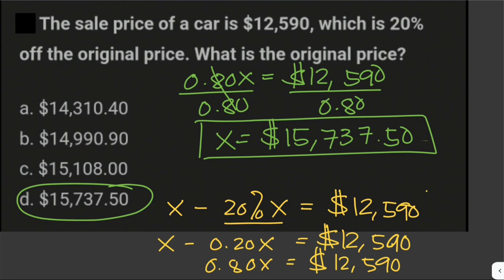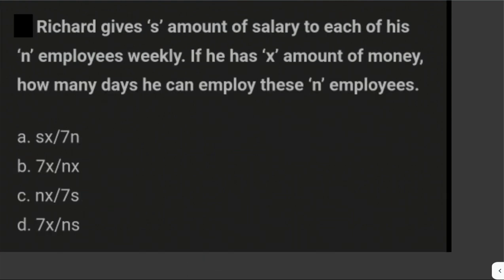Let's solve another problem. Richard gives S amount of salary to each of his N employees weekly. If he has X amount of money, how many days can he employ these N employees?